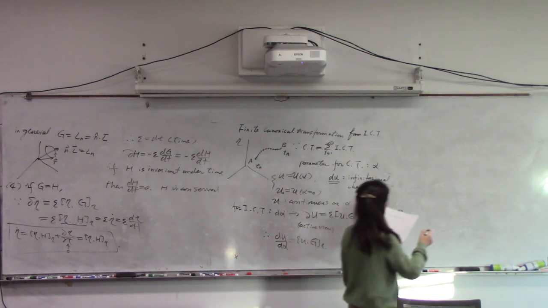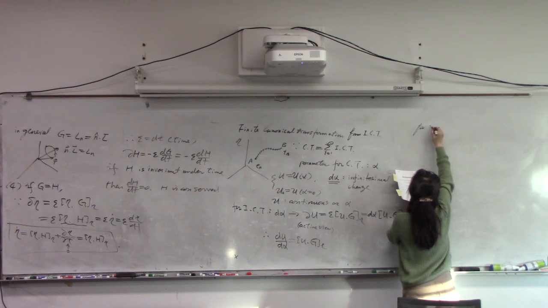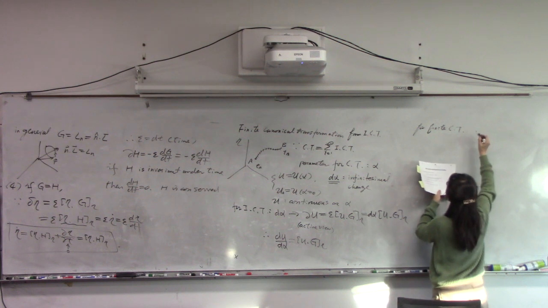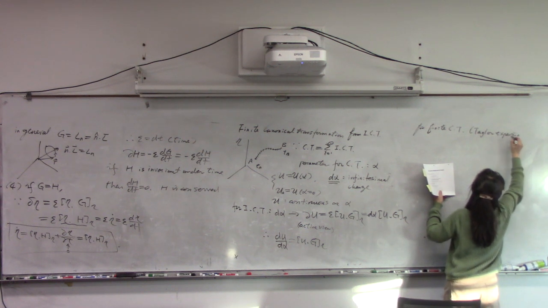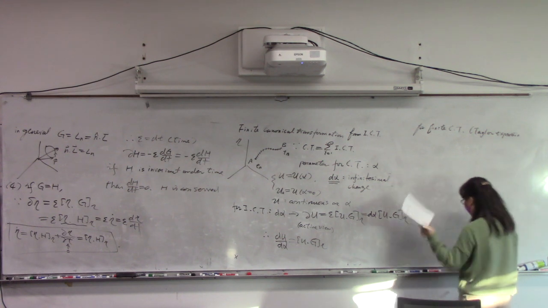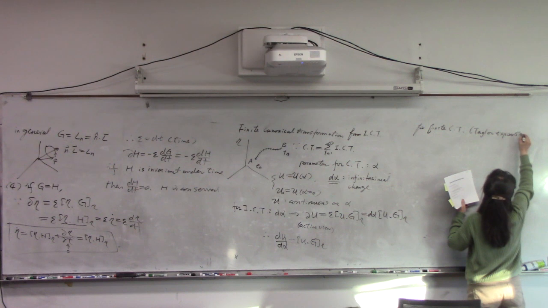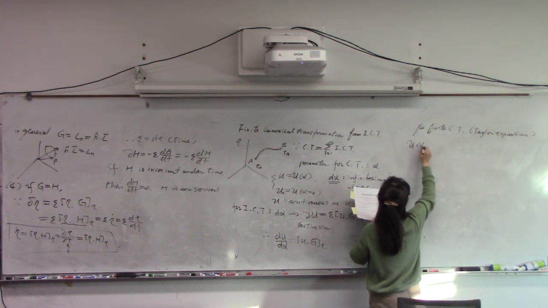Now for the finite canonical transformation, we use the Taylor expansion. So u is a function of alpha.